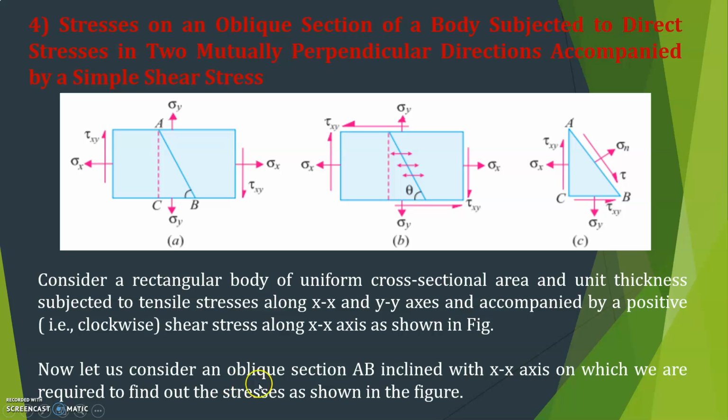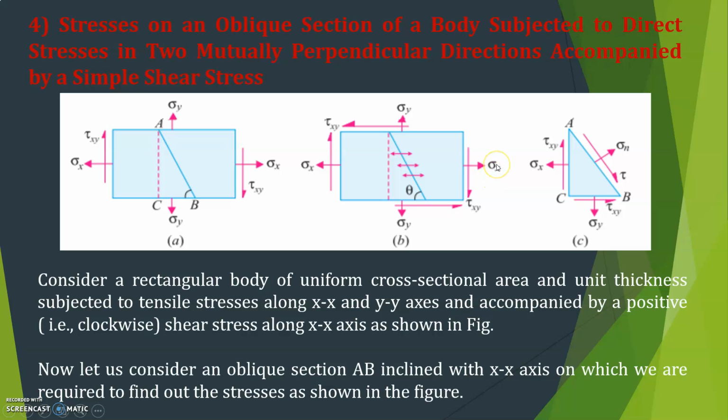Now let us consider an oblique section AB inclined with the XX axis, on which we are required to find the stresses, as shown in the figure. Here you can see this is tau xy and this is also tau xy. One thing you have to remember: this is tensile force, so plus.